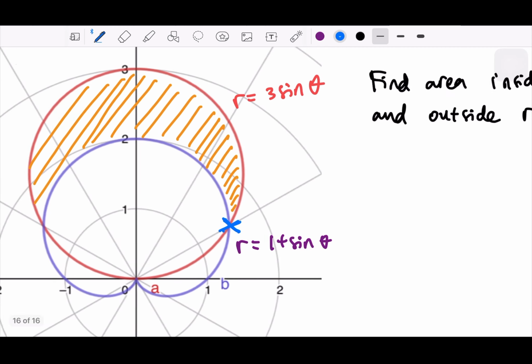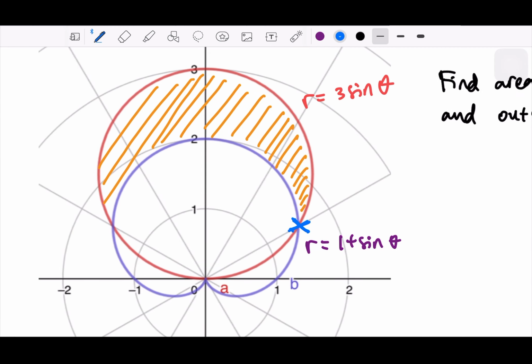Or we can first evaluate this blue and this one, that's the total area, right? And then we can take the circle function minus the cardioid, right?